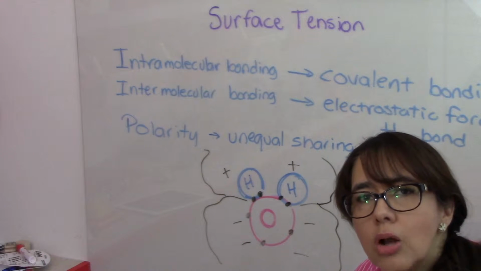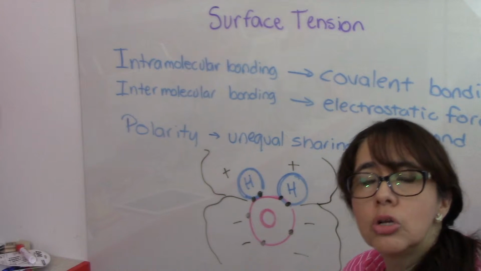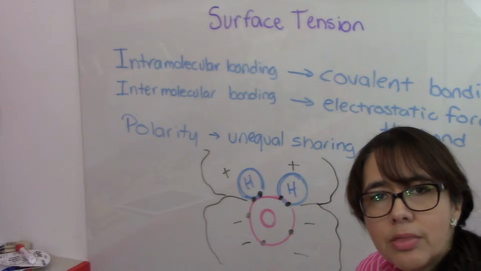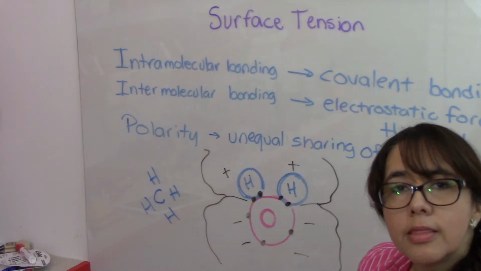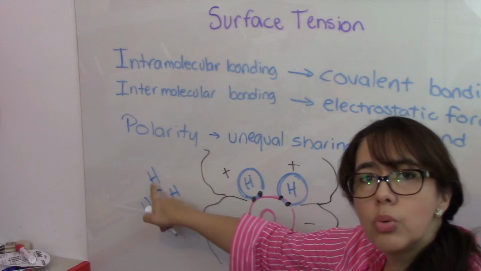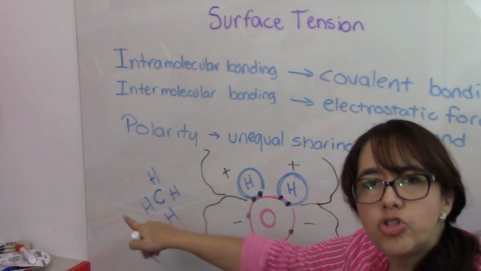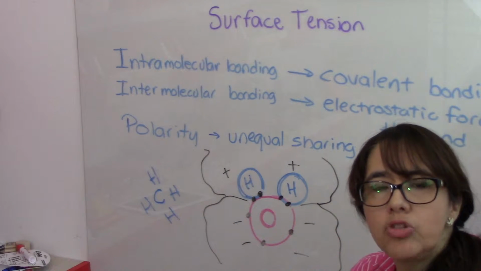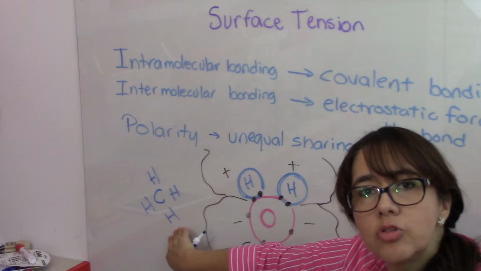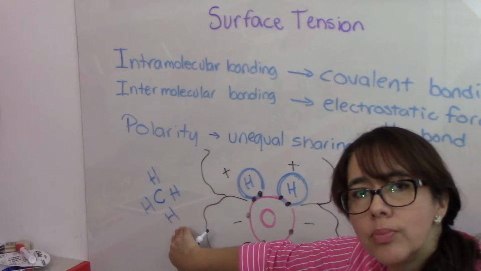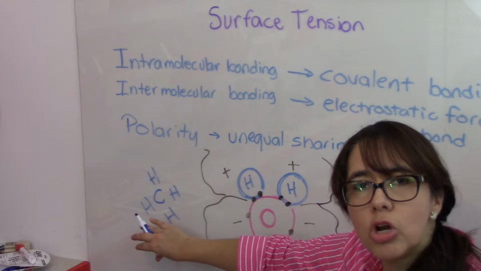There are some other molecules that have equal distribution. For example, the methane. That one will have the carbon with 4 hydrogens sharing an electron with each one of the carbon atoms. This one is a non-polar molecule. It has equal distribution of charges.